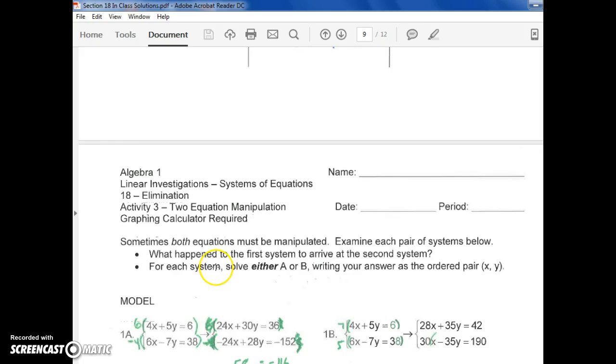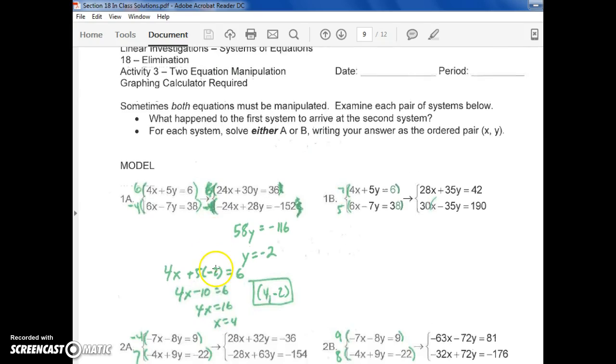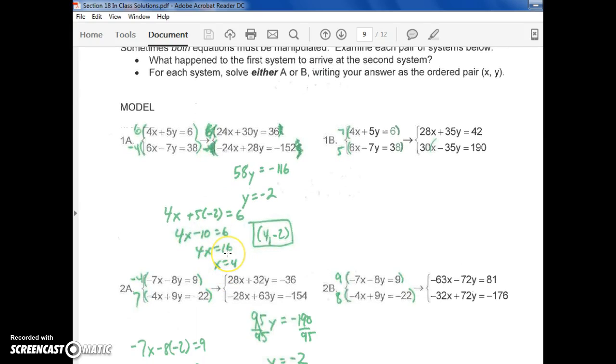Where it gets a little bit tricky is in activity 3, where we have two equations that we have to manipulate. We have to turn both of them into something different. So in the model round, we have 4x plus 5y equals 6, and 6x minus 7y equals 38. So if I'm going to make a choice to eliminate x, I want these numbers to cancel out.